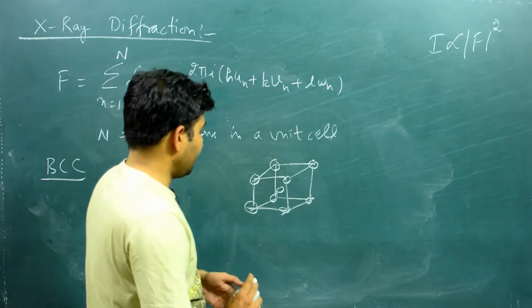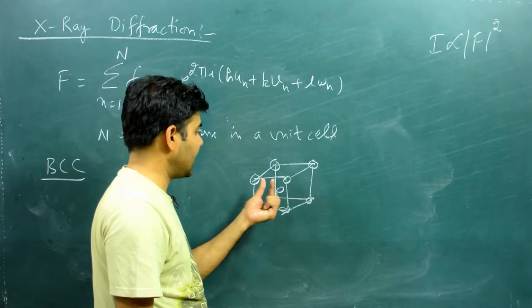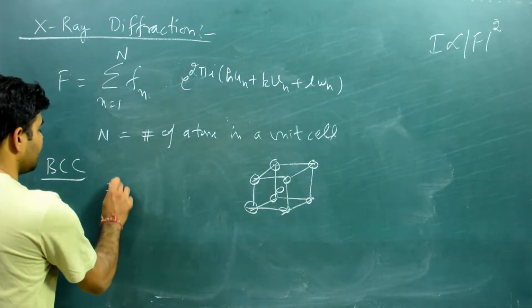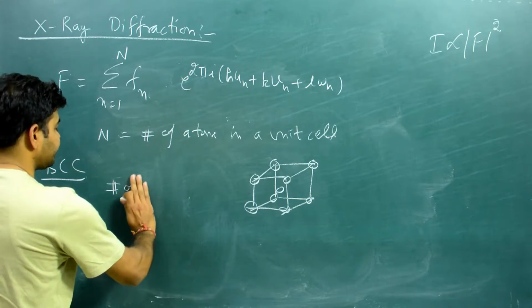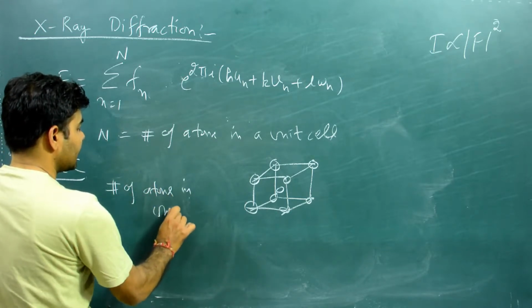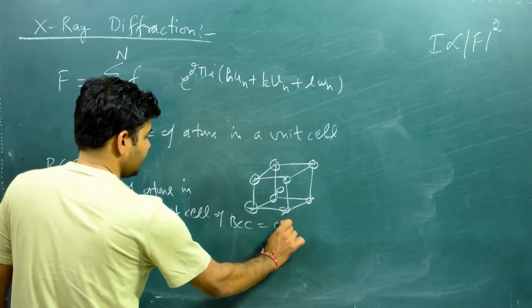So effectively one contribution due to the 8 corners and one right at the center of the body. The number of atoms in the unit cell of BCC is equal to 2.